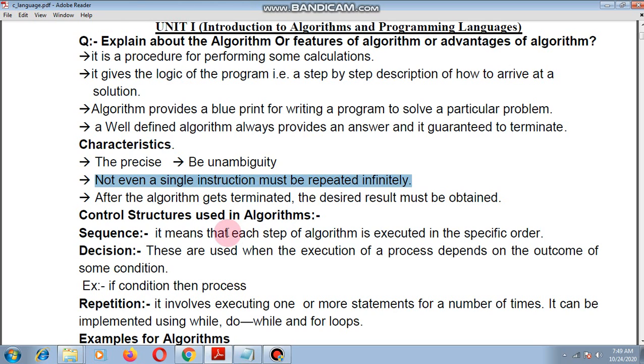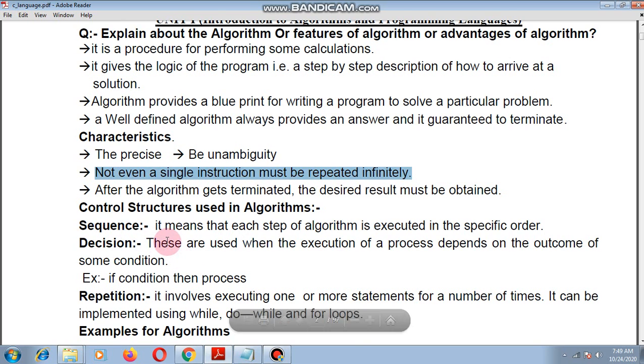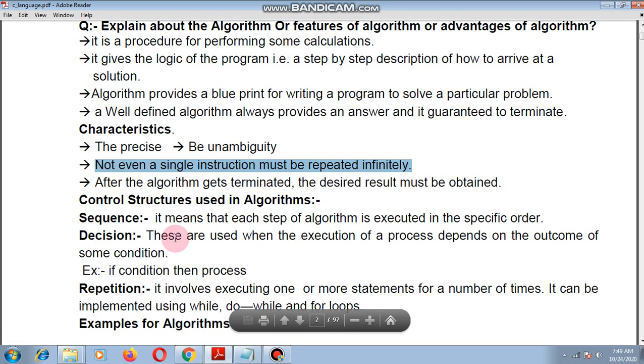An algorithm includes various types of structures: sequence structure, decision, and repetition. Sequence means each step is executed in a specific order, that is sequentially, serially, linearly. Decision statement means the statements are executed depending on the outcome of some condition.